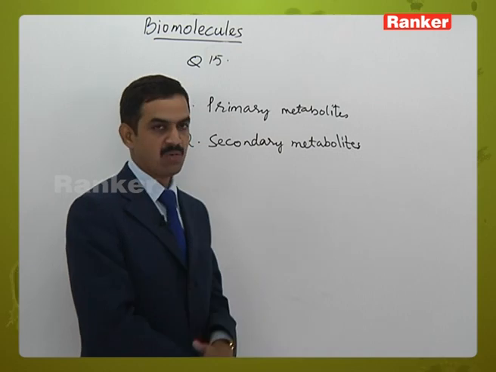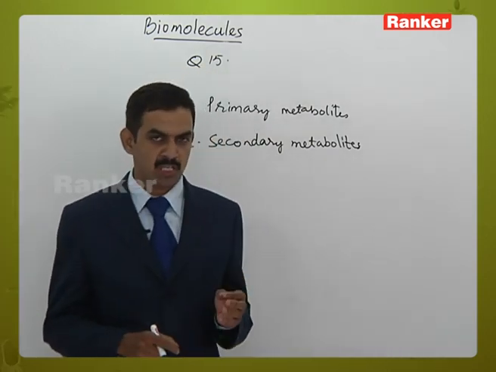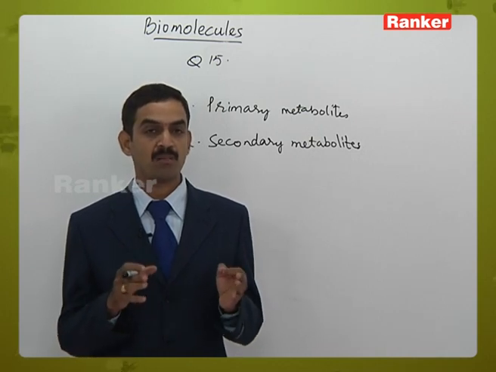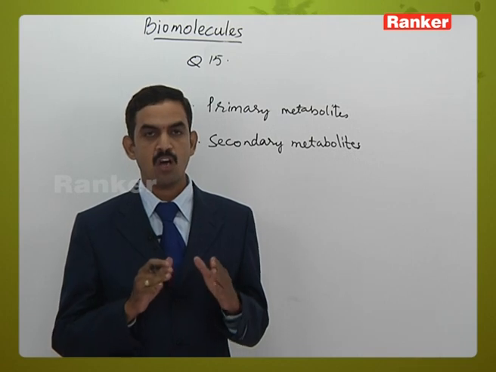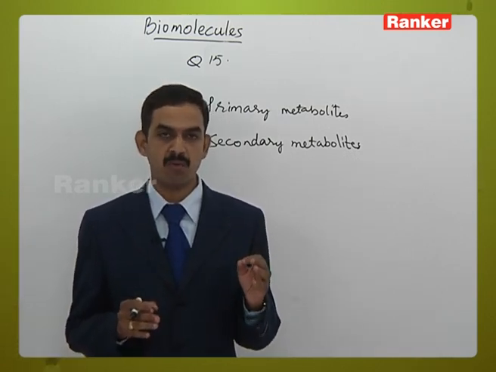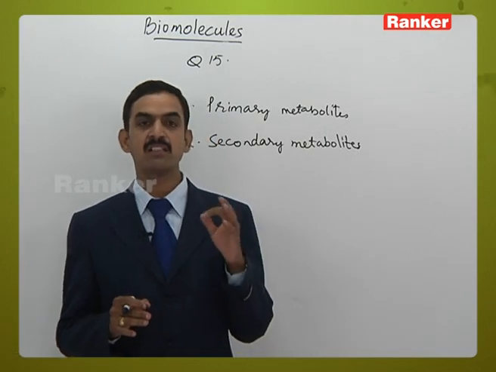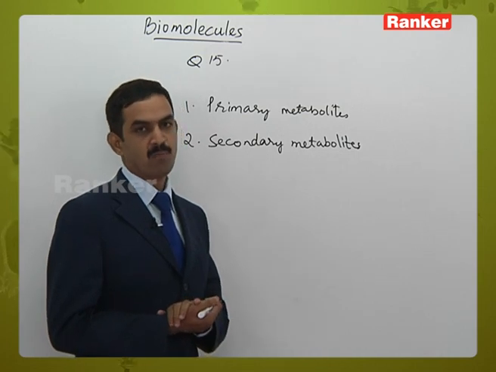Then the second one is secondary metabolites. Secondary metabolites are those organic molecules which are not much useful for the organism in which they are present. Otherwise, we can say that they do not have an identifiable function inside the living system. Such organic molecules are called secondary metabolites.